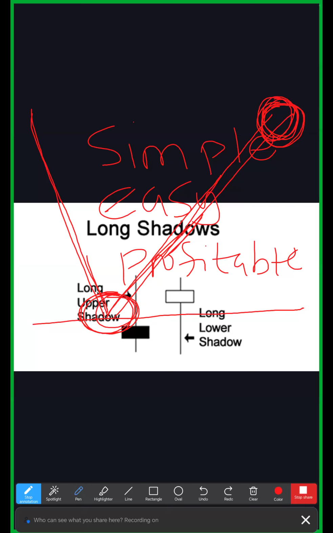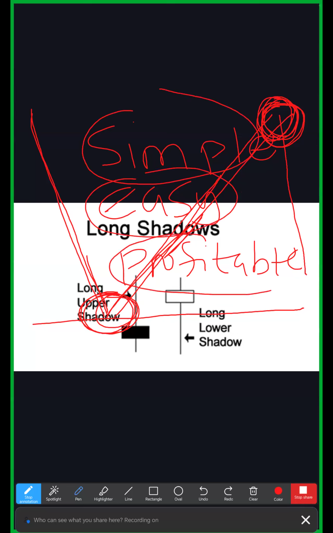What does this signify? If these sellers continue to behave like this, there is a possibility that the price may change direction and go down. That's why I'm saying candlesticks are very simple, very easy, and profitable.